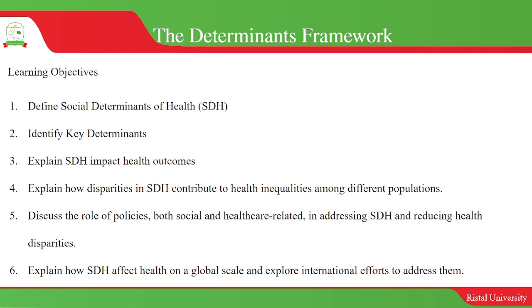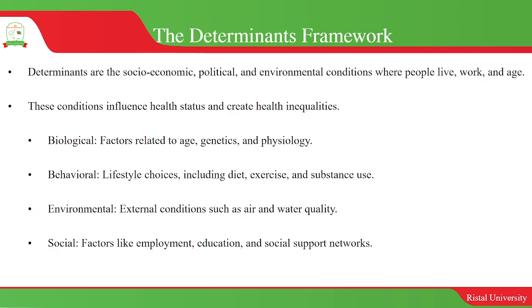So basically, we had looked at some of those aspects of the social determinants of health and the categorization where we can put them either biological, behavioral, environmental, social. All these, you should be able to explain how they really cause diseases.